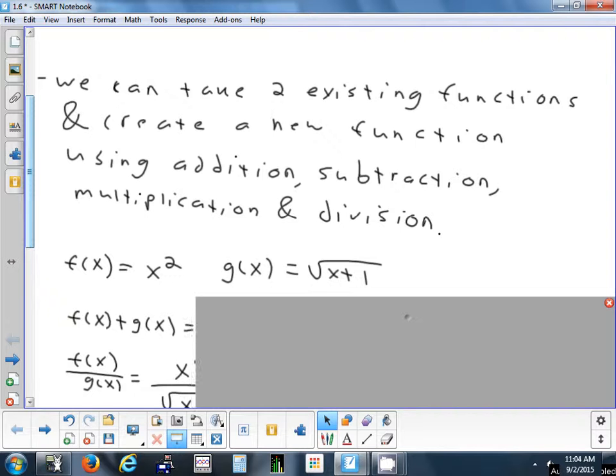Here are two functions, f of x equals x squared, and g of x equals the square root of x plus 1.